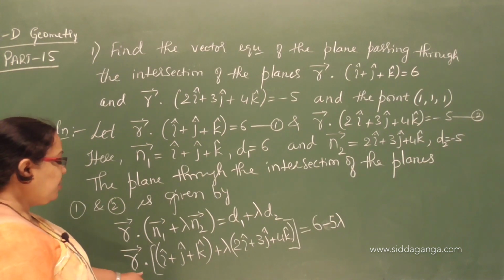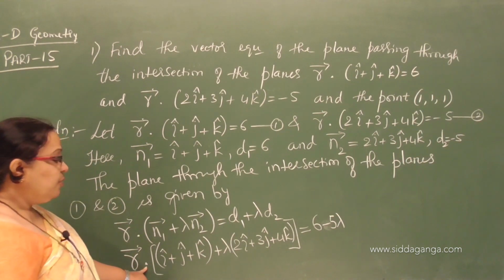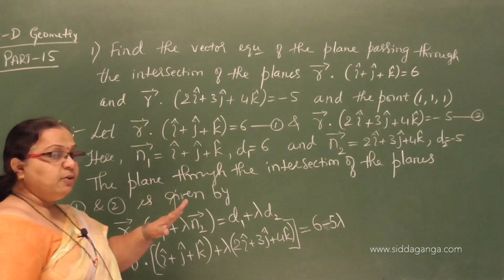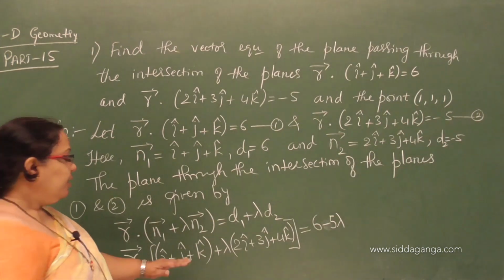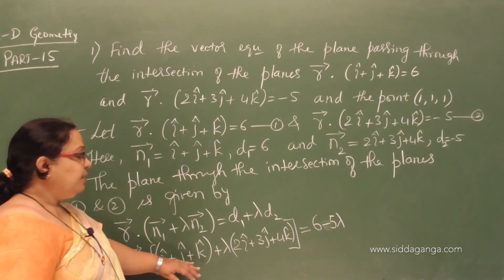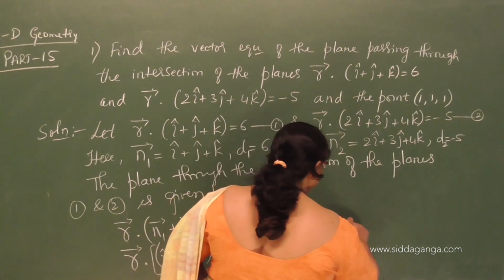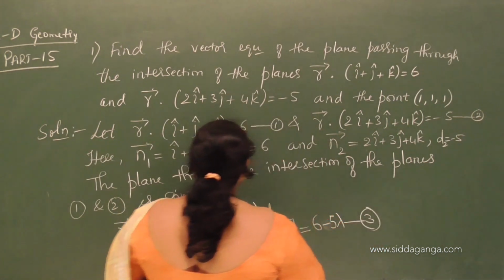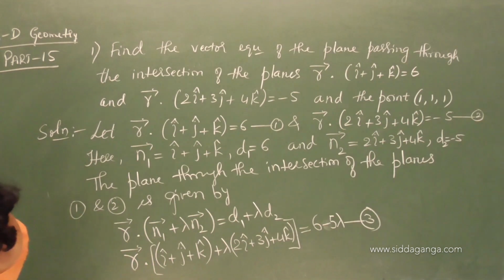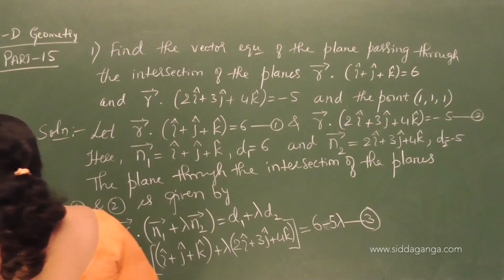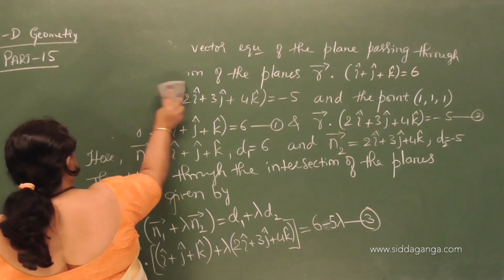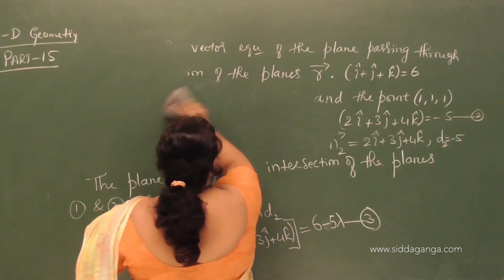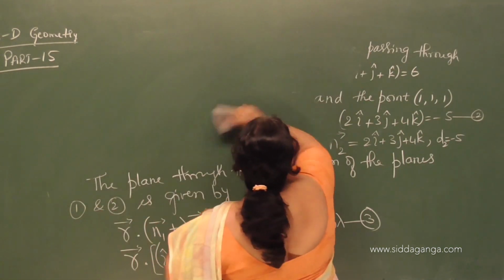So take 1, 1, 1 and write the answer. Take this as equation 3. Now to find lambda, express it in terms of the Cartesian form, then we can easily get the answer.